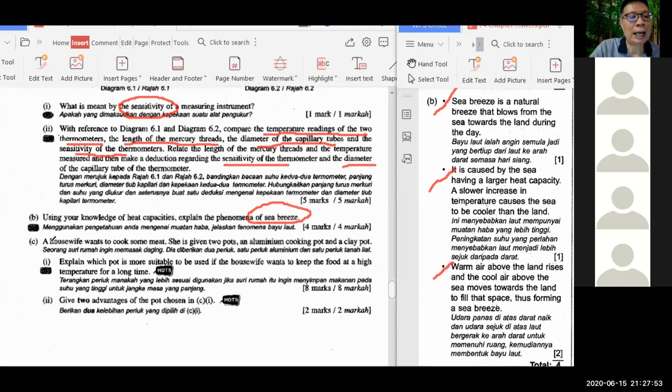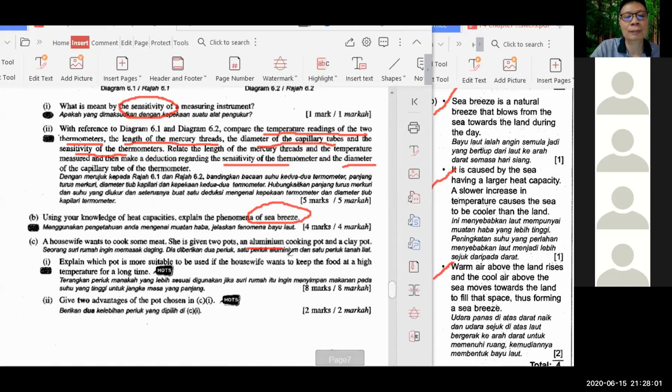See, a housewife wants to cook some meat. She is given 2 pots: an aluminum cooking pot and a clay pot. Clay is made from soil.